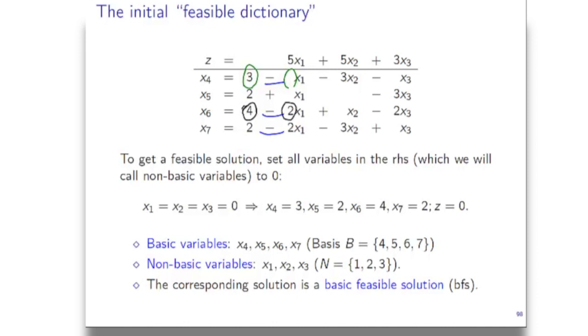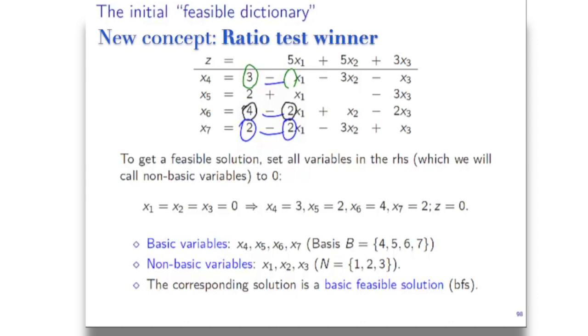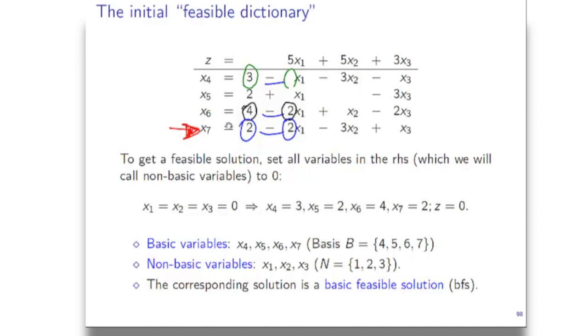So 4 by 2, and then we had 2 by 2 here. Wherever this ratio is the smallest, the row that corresponds to this smallest ratio, we'll call it the winner of the ratio test. So in this case, the winner was the row corresponding to x7. Therefore, this is the row that determines the highest possible increase for my x1.